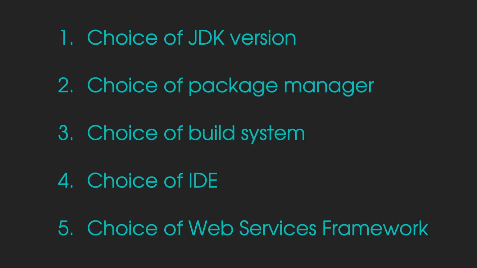Then you have to choose which build system you plan on using to build your application. Is it Ant, Maven, Gradle, or some other homegrown system? Then you need to settle on which IDE you want to use, or if you want to allow a free choice of IDEs amongst team members. Finally, you need to decide what web services framework you're going to use to develop your application.